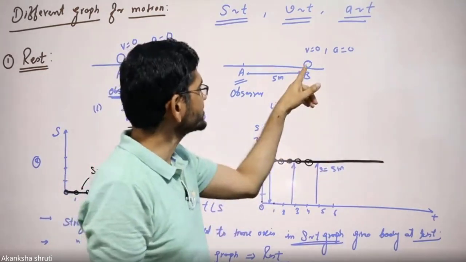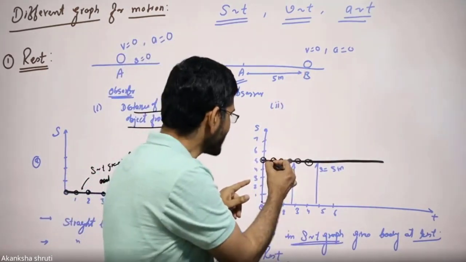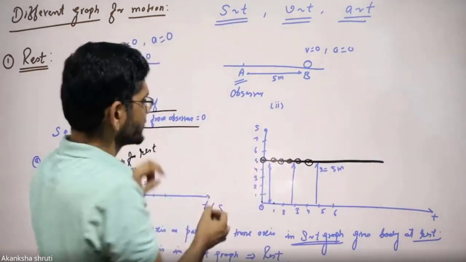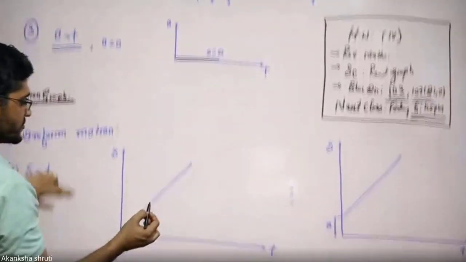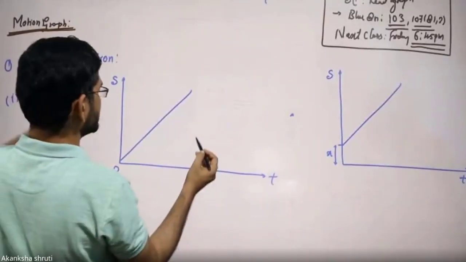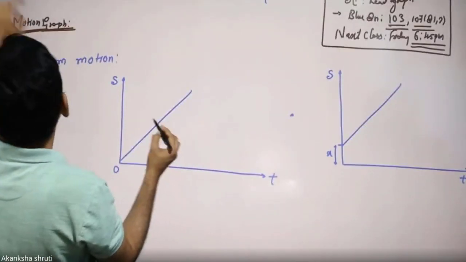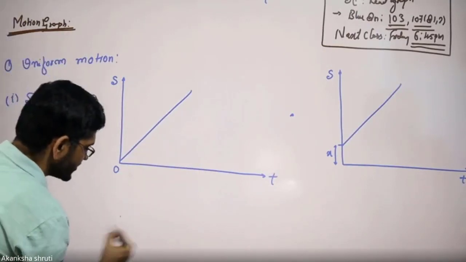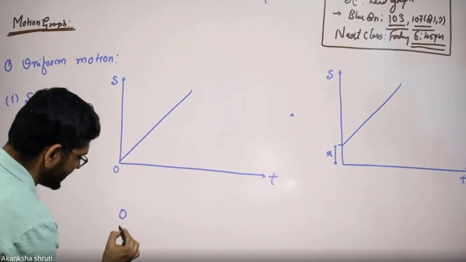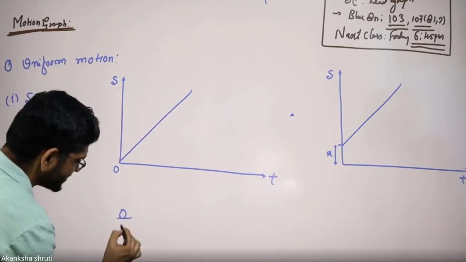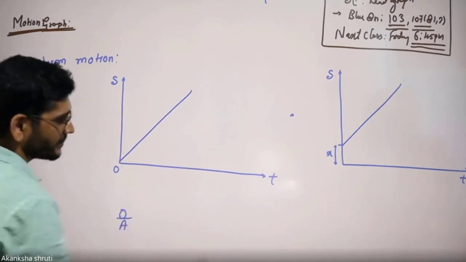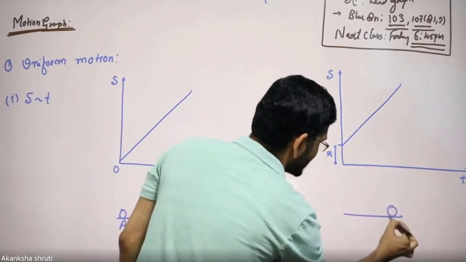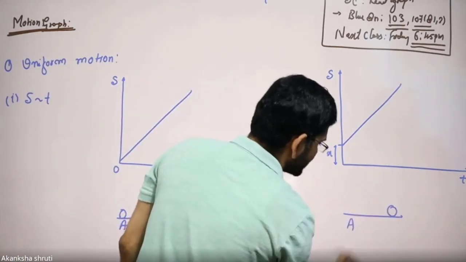But if this distance is increasing, then from here it needs to increase. So it is like this. So keep in mind, these are the two possibilities. This one is for the situation where the observer is here and the object is also here. But in this one, the object is here and the observer is here.